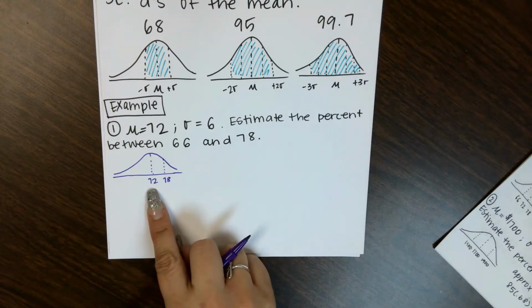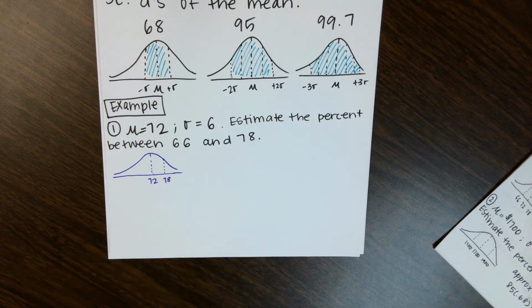And all we've been doing so far is just a little shorthand, right? Mean plus the standard deviation. Mean plus 2 standard deviations. I'm given the mean, I'm given the standard deviation. So if my mean is 72 and I'm adding 1 standard deviation, I'm adding 6. So 72 plus 1 standard deviation would be plus 6, which is 78.